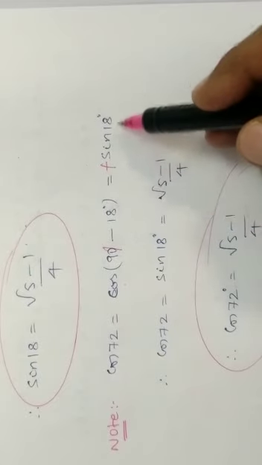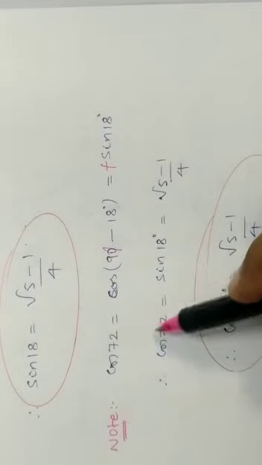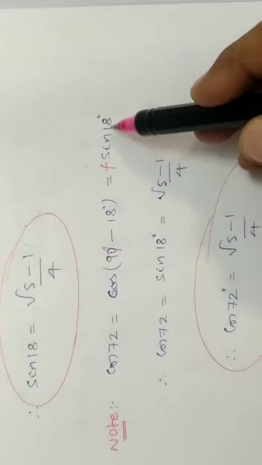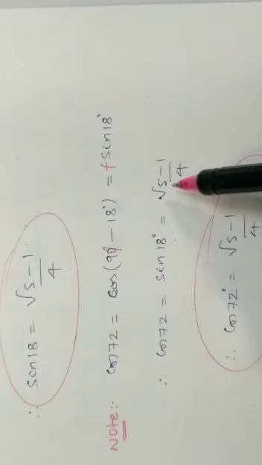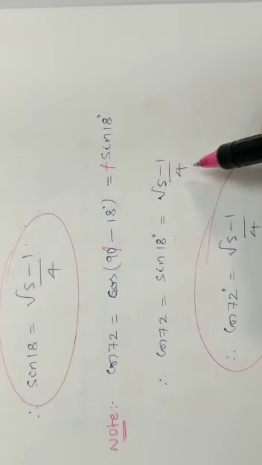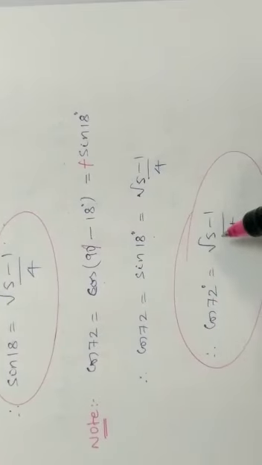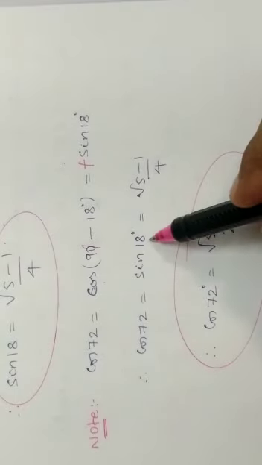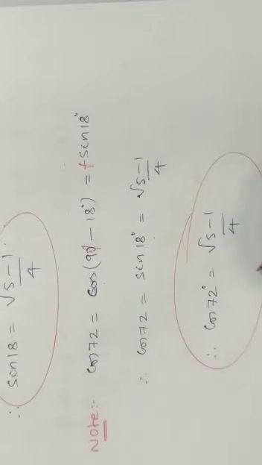Sin, what is theta? 18 degrees. So, cos 72 value is equal to sin 18 degrees. Already we found the value of sin 18 degrees, that is root 5 minus 1 by 4. So, cos 72 degrees equal to root 5 minus 1 by 4. Sin 18 degrees value is same as cos 72 degrees value. Right.